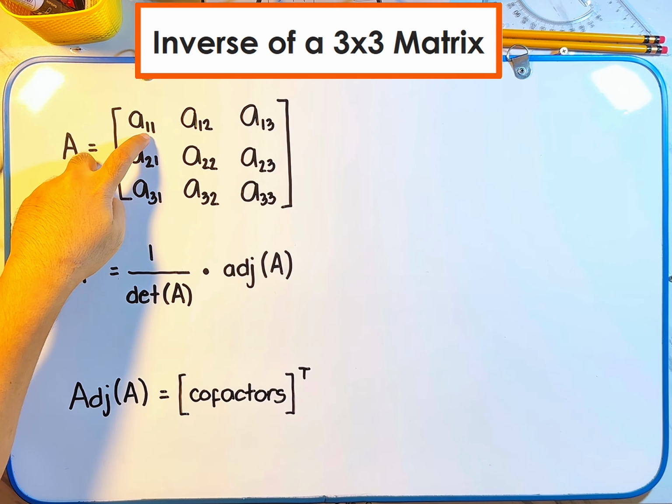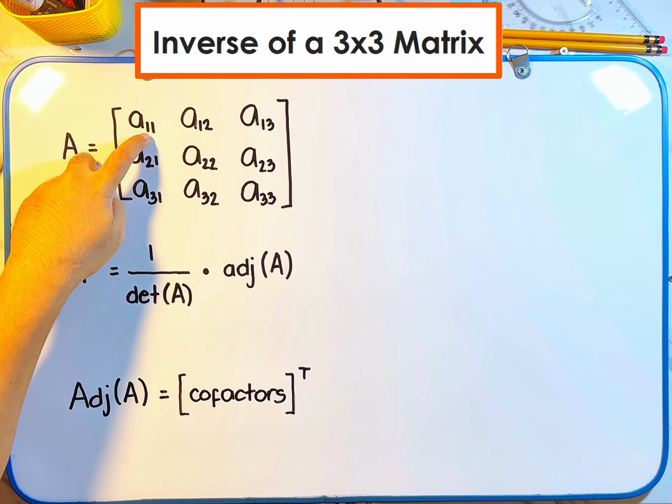Now it's time to solve for the minors. The minor of the element in the first row, first column, is the determinant of this 2 by 2 matrix. So 0 times 1 is 0. 1 times negative 2 is negative 2. 0 minus negative 2 is positive 2.